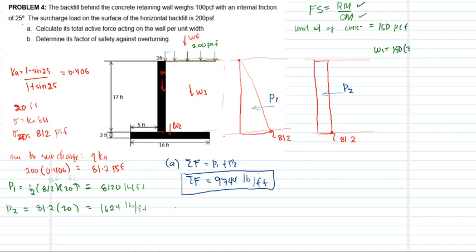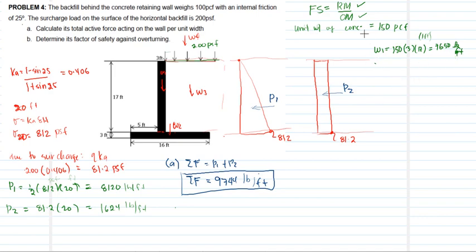So, ang magiging sagot natin dito is 7,650 pounds per unit length ng ating wall. So, per feet. So, pag minultiply nyo yan ng 1 feet, ang lalabas dyan ay pounds lang siya. So, in per feet tayo dito.